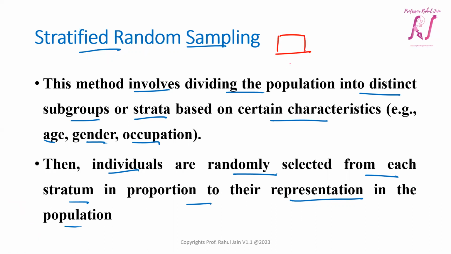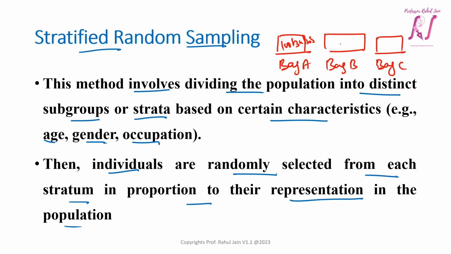Let's say we have three bags, bag A, bag B, and bag C. Bag A has 100 bulbs, bag B has 200 bulbs, and bag C has 300 bulbs, right?